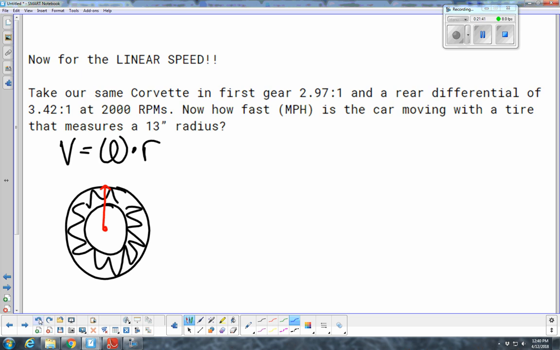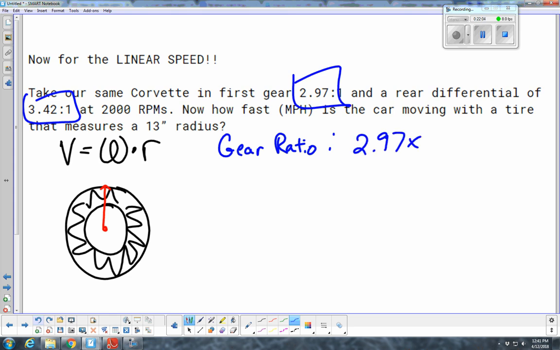Okay, here we go. We need the gear ratio. It's going to be equal to this guy times this guy. So we have 2.97 times 3.42 equals 10.1574, and I think we know that from the last example.